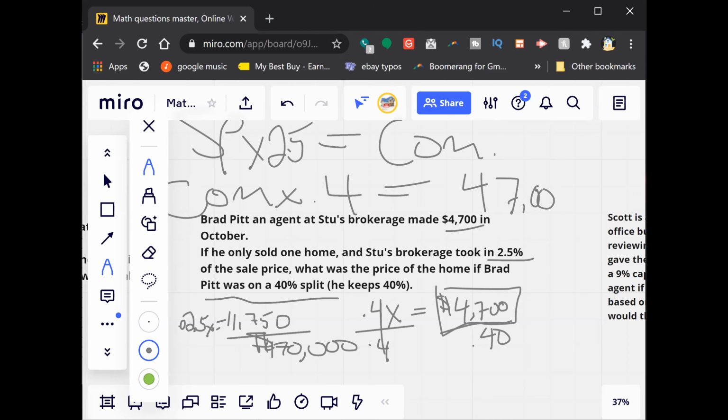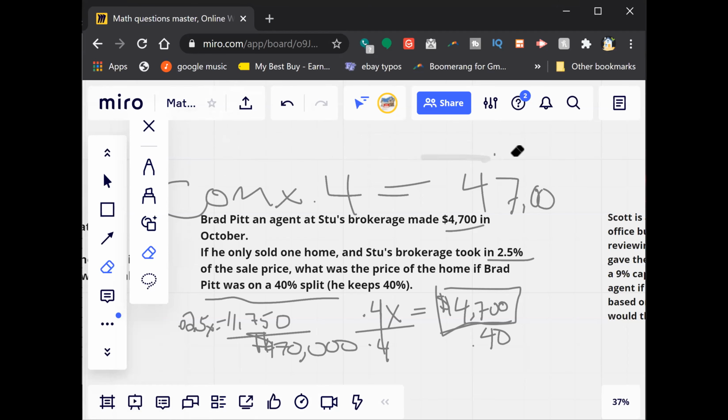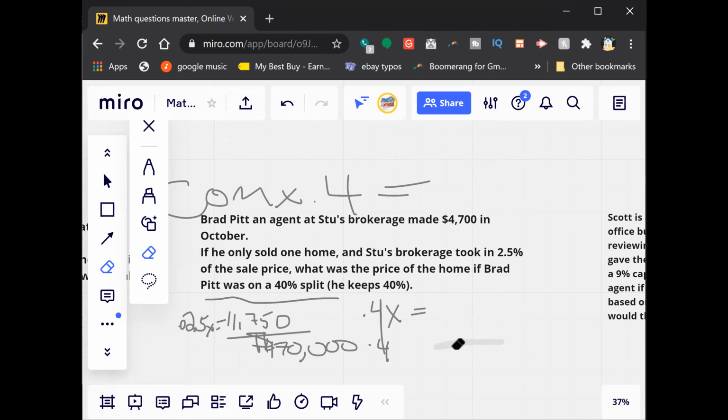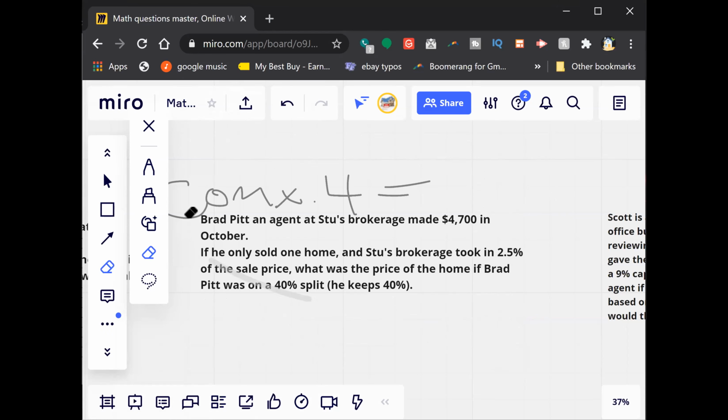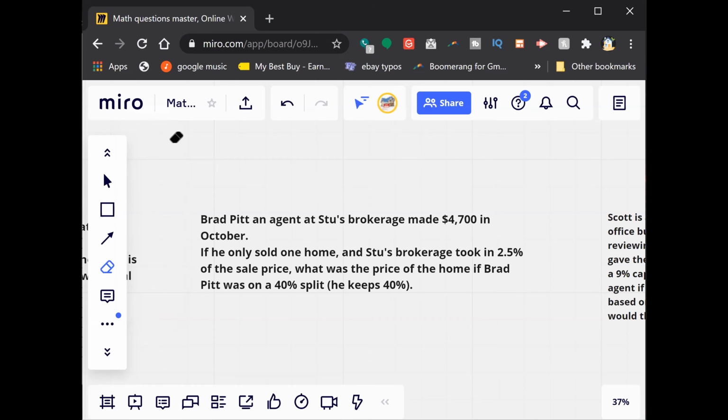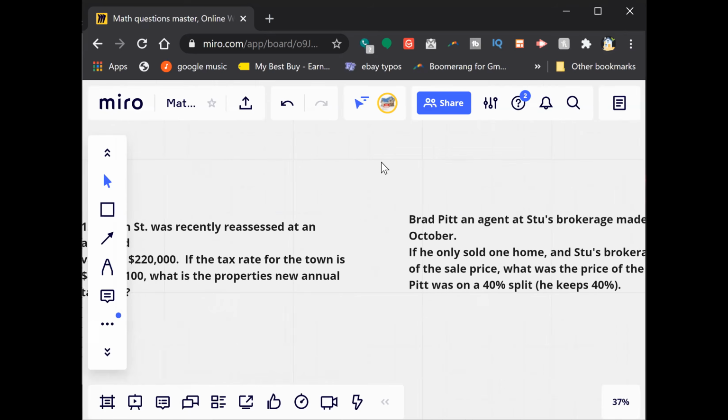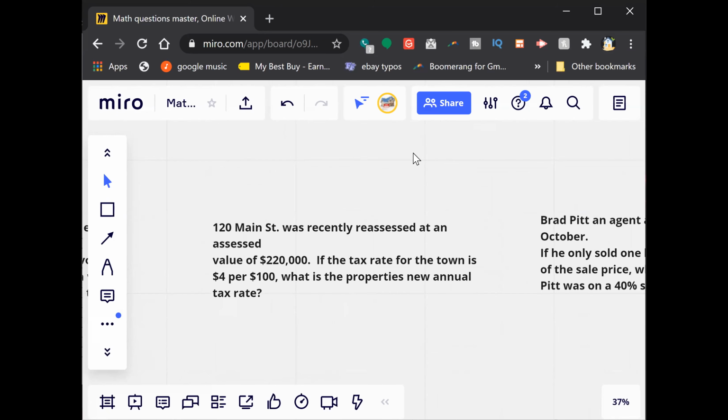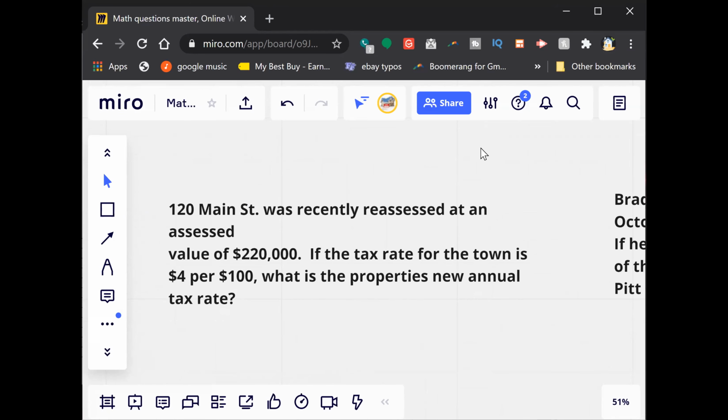I think all of you would be able to do that in like 30 seconds. But what I want to show you is a more complex commission question that you might be asked on the test. If I was writing the test, I would write something like that, because it causes you to critically think. It is not straightforward and easy, okay? And you're going to be able to look back at this and see how we got to that.